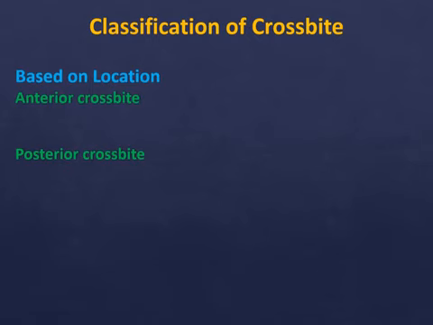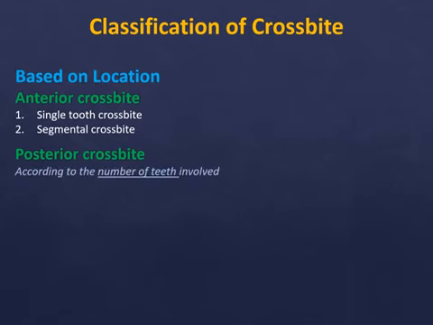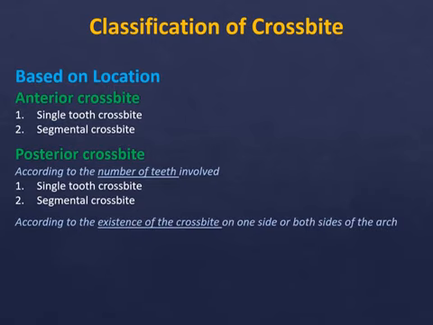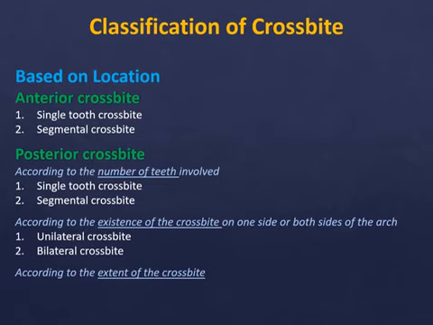Anterior crossbite can be subdivided into single tooth crossbite or segmental crossbite, while posterior crossbite can be subdivided according to the number of teeth into single tooth crossbite or segmental crossbite, or according to the existence of the crossbite on one or both sides of the arch into unilateral crossbite and bilateral crossbite, or according to the extent of the crossbite into buccal crossbite and lingual crossbite, which is called scissor bite.